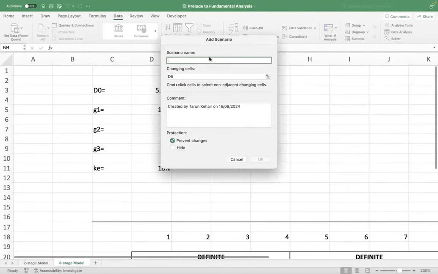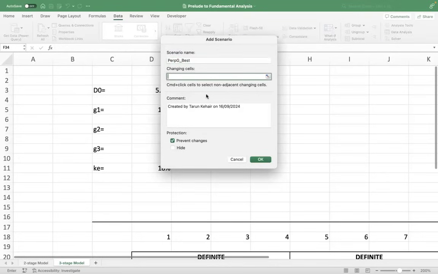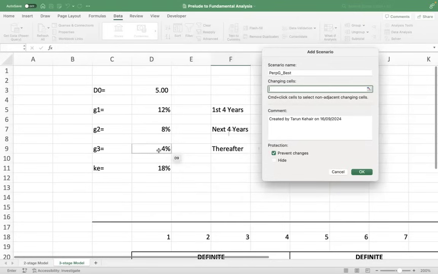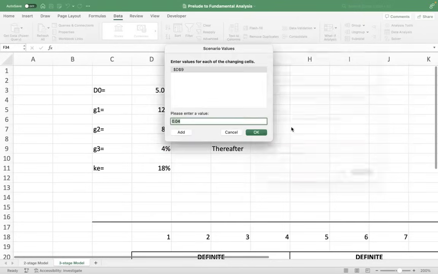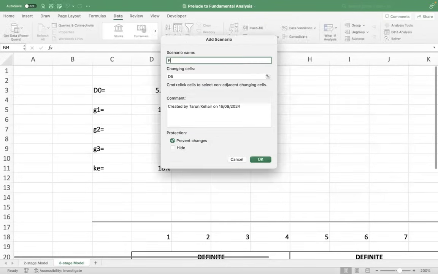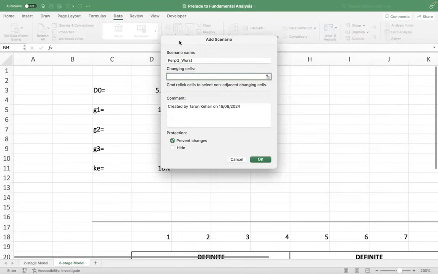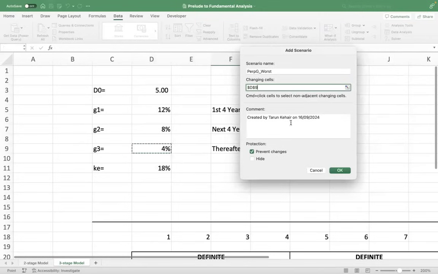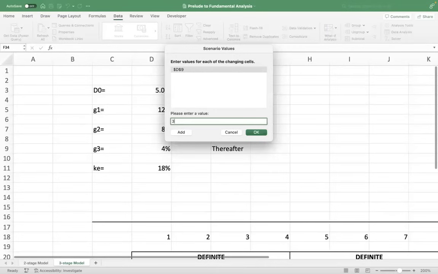Then another scenario for perpetual growth, best case. Perpetual growth, let's say, is 5%, best case. This is the place where you have the perpetual growth. I keep it as 5%, assume. Here, perpetual growth, worst case. So I'm just creating different scenarios. Let's say here, my worst case is 3%.